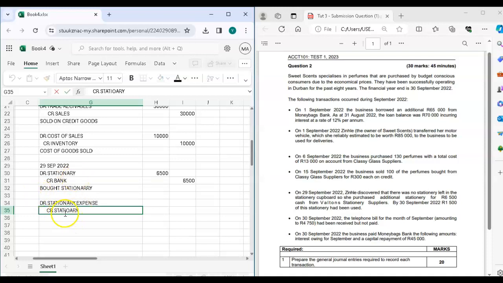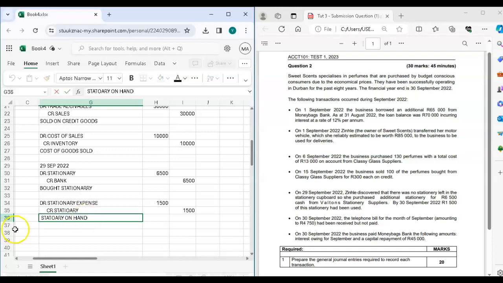So when you're crediting it, it'll go down, so it'll reflect how much stationery on hand is in the cupboard. So you see what I'm saying? So what is this? 1,500. So debit 1,500, credit 1,500. Then you can say stationery on hand.